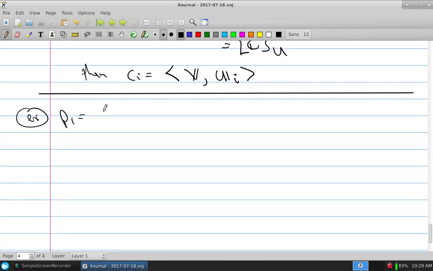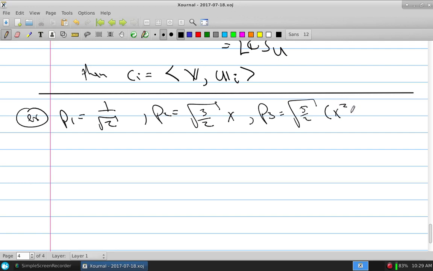we had that P1 was equal to 1 over radical 2, P2 was equal to radical 3/2 x, and P3 was equal to radical 5/2 of 3x squared minus 1. This is an orthonormal basis for the span, but the span of this would be P2, right? Because this would be constants, x, x squared, so I'd be talking about anything within three-dimensional space.